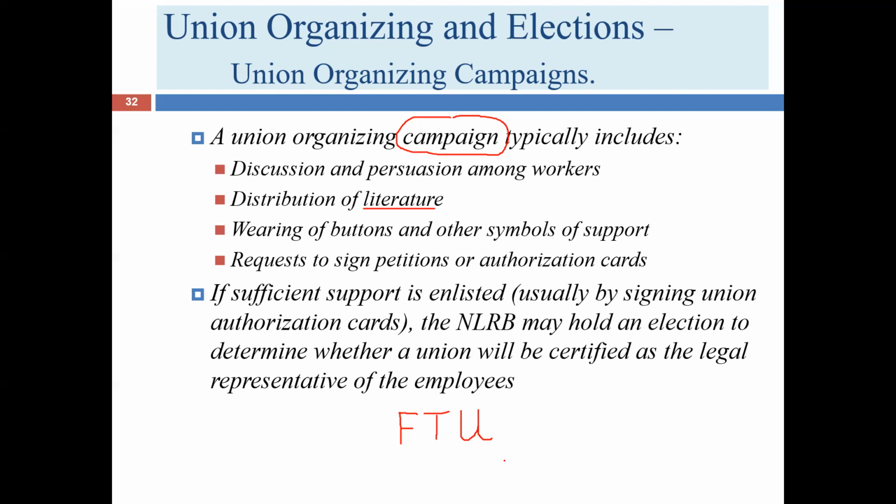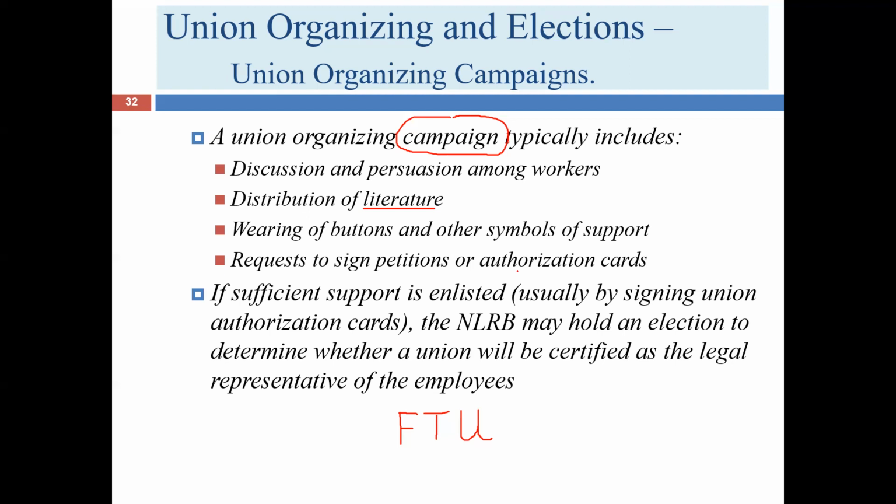So, how to manage all those issues can be very, very complicated and very difficult to sort through. You'll also find that one of the things that's going to become a real issue is going to be both petitions and authorization cards. We'll talk more about what authorization cards are and also what petitions are. Petitions are oftentimes a more informal way of doing what authorization cards do.